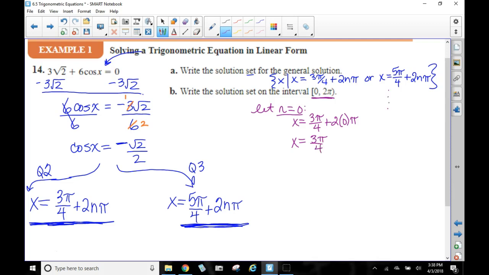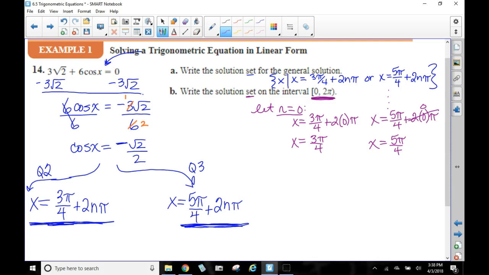Over here, when n is 0, x is equal to 5 pi over 4 plus 2 times 0 times pi. I'm not going to write that every time because this just turns out to be 0. So between 0 and 2 pi, the answers are going to be 3 pi over 4 and 5 pi over 4.